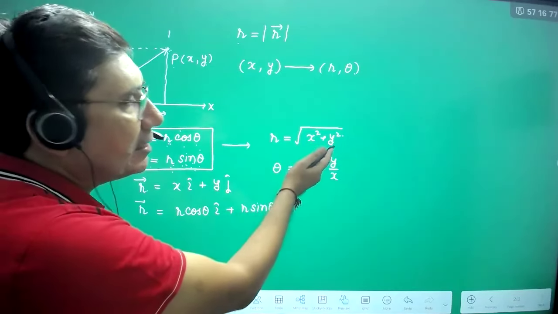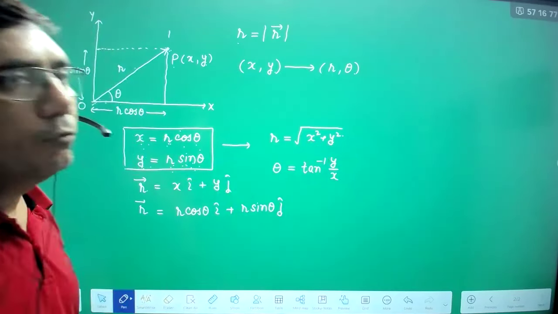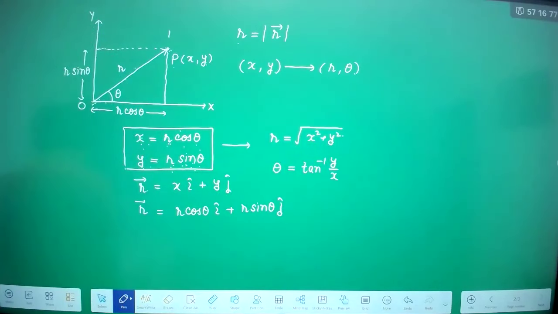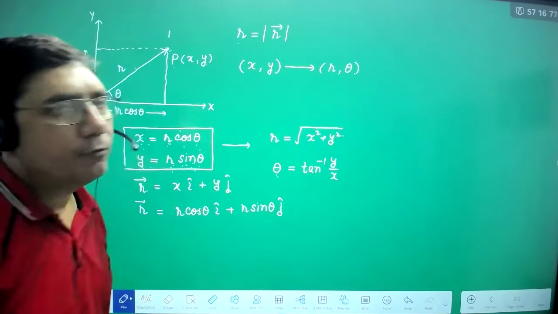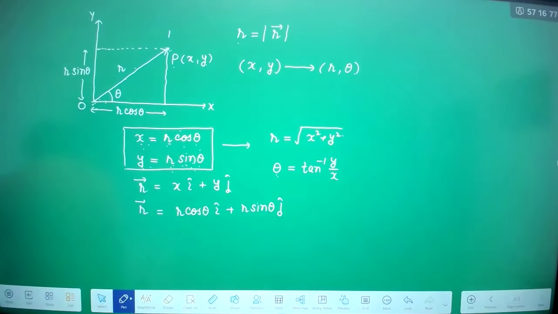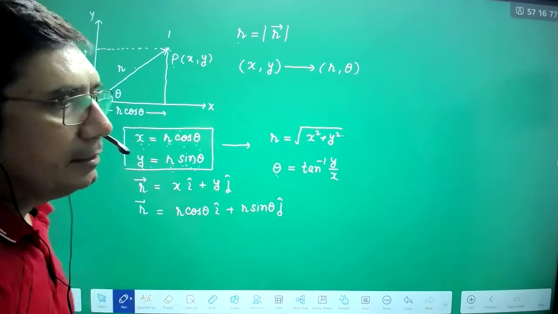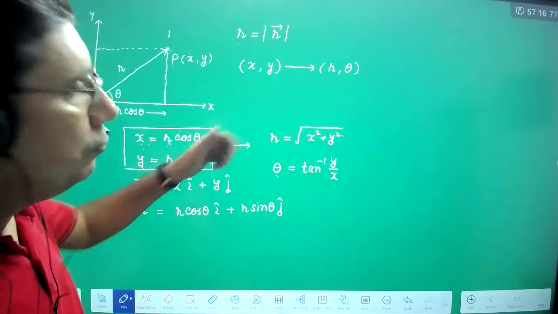Here, from x and y coordinates, you are moving to two new variables r and theta. Their values, you can calculate if you are aware of x and y. If you are aware of the x and y values, then automatically you are going to find out r and theta.